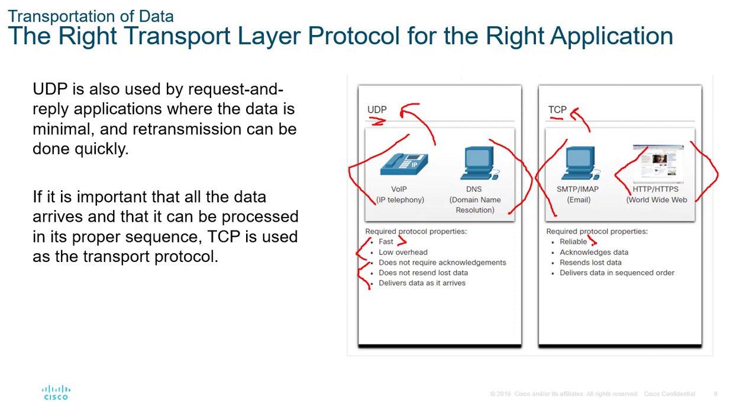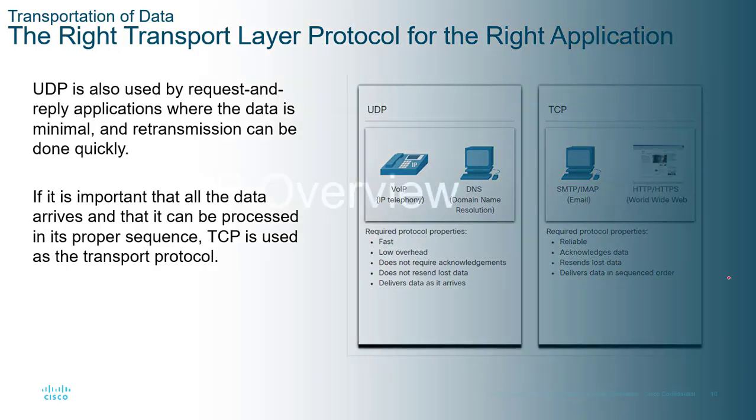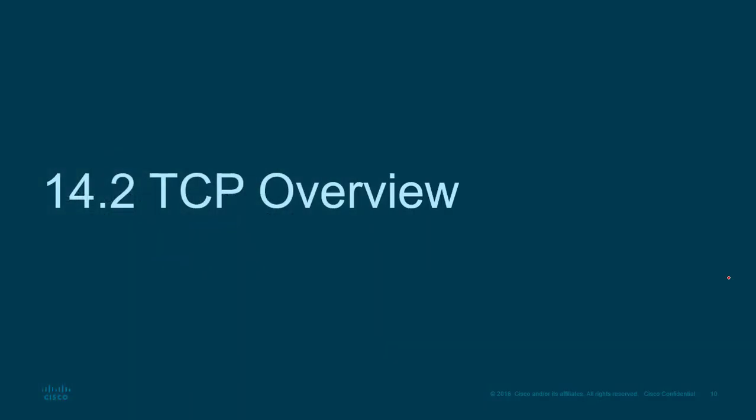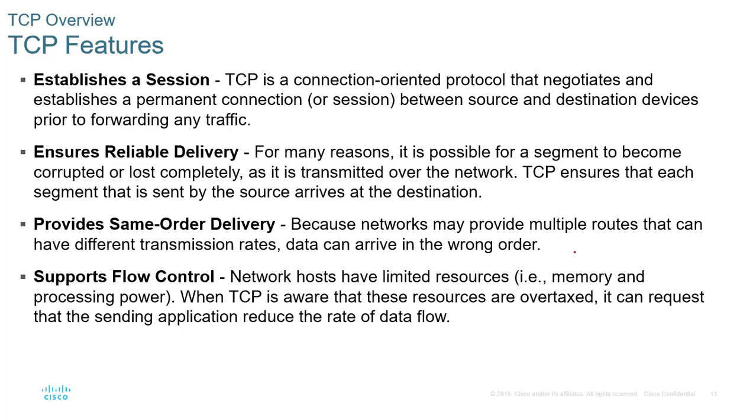So it's important that it's a reliable delivery service, that the data is acknowledged, any lost data or data that was not received needs to be retransmitted so that it is received, and it's put in the proper order. So you can see the difference between the user datagram protocol and the transmission control protocol at the transport layers, the types of service they provide.